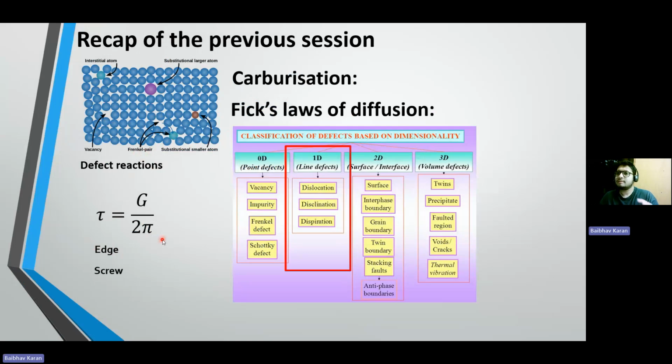A material always stays in a very stable state. The bond energy will be high, and the energy of the system is quite low. So the bonding between the atoms will be very strong. That's why the energy of the system is quite low.